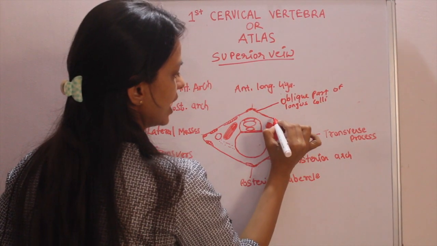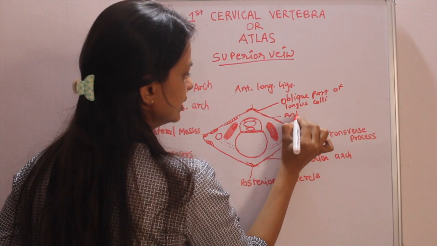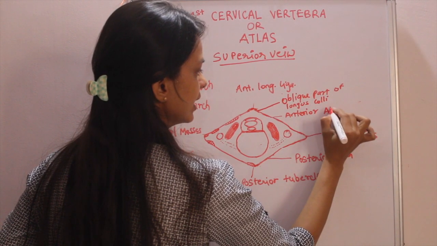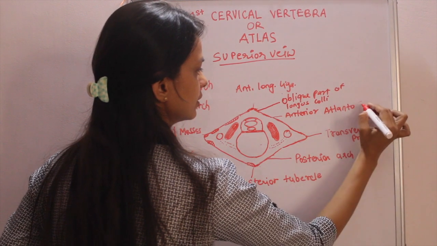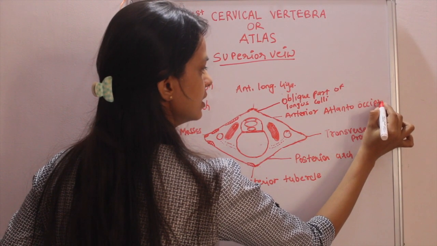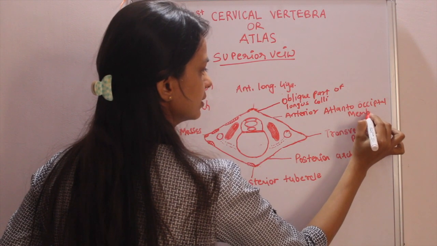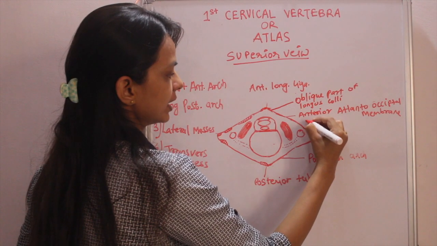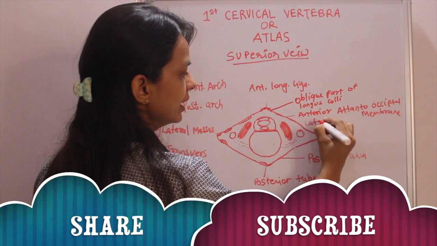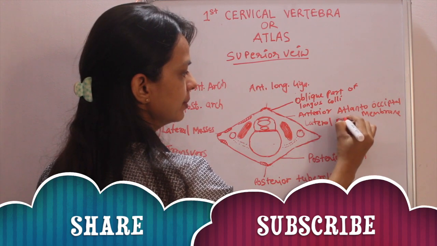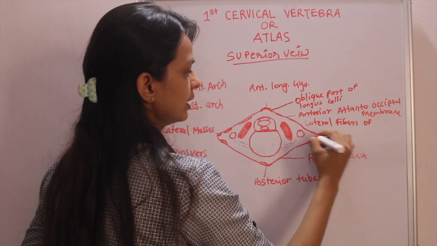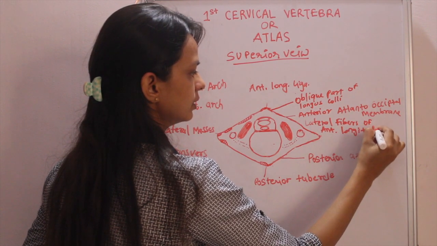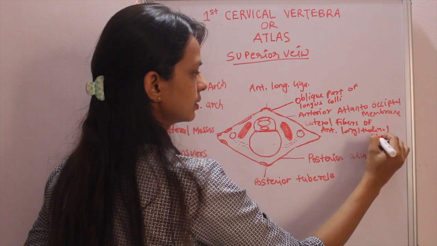The anterior border of the anterior arch provides attachment to the anterior atlanto-occipital membrane, and the lower border of the anterior arch provides attachment to the lateral fibers of the anterior longitudinal ligament.